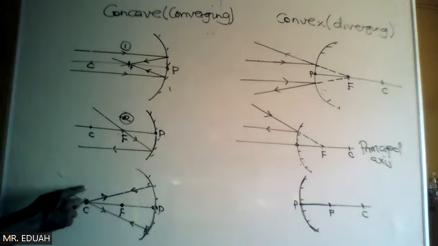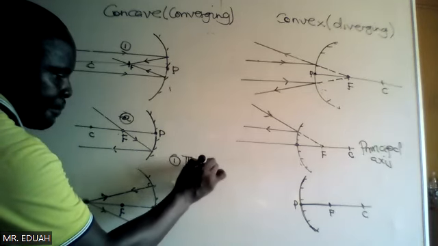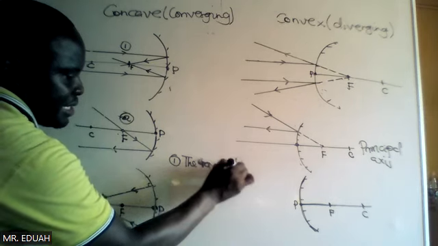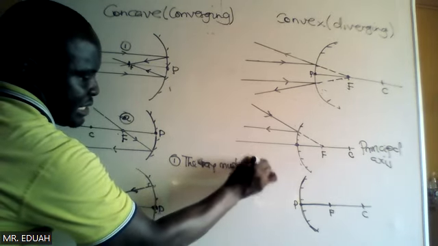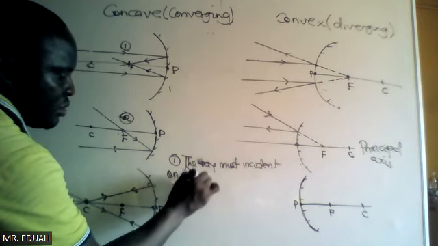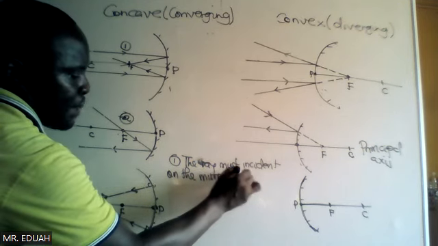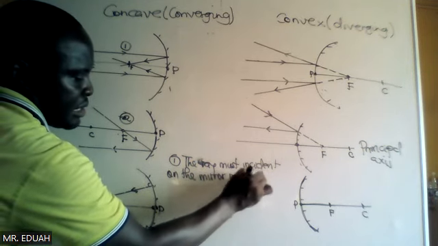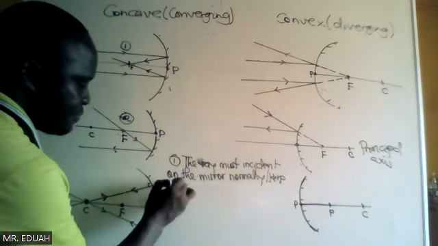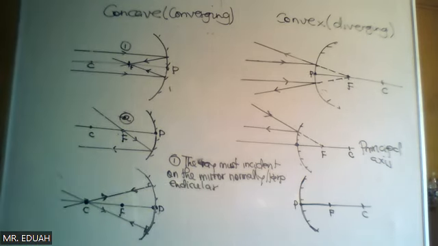You see, for this to happen, one, the ray must incident on the mirror normally or perpendicularly. This is the key condition.